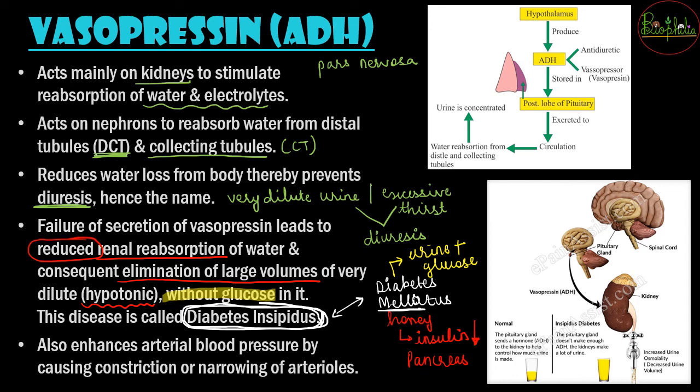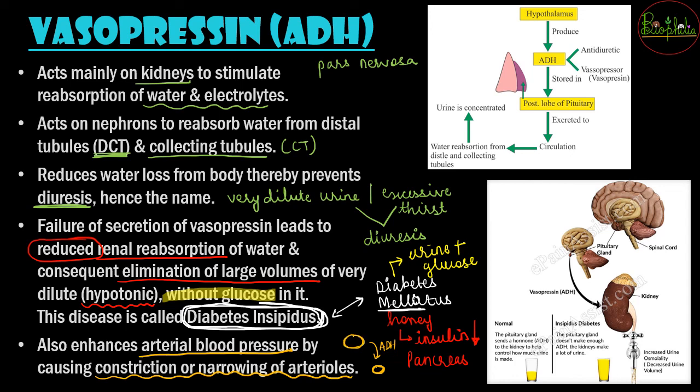Next thing, we also need to understand that because of ADH, there is also going to be effect on the arterial blood pressure, and arterial blood pressure enhance होगा, वो बढ़ जाएगा, because ADH is also going to cause constriction or narrowing of arterioles. तो arterioles का अगर diameter इतना था, इतने से ADH ने अगर function करने पे diameter कम कर दिया, so what is going to be the effect on pressure?